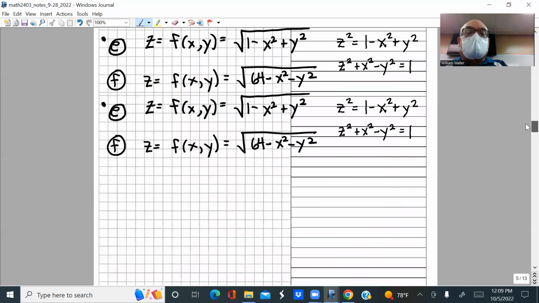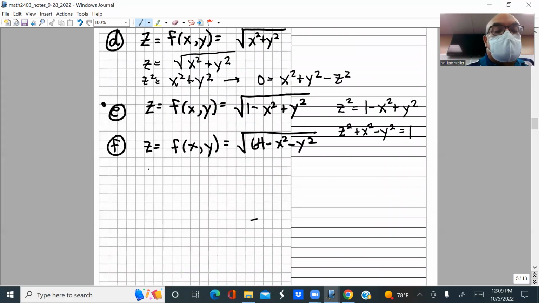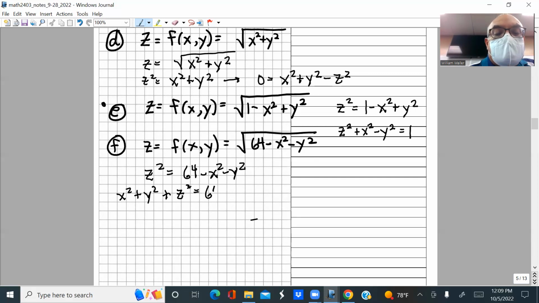Let's see why this is the case, though. So just square both sides. It's the same thing, right? z squared is equal to 64 minus x squared minus y squared. Rearrange the terms, and you get x squared plus y squared plus z squared is equal to 64. Then divide everything by 64.